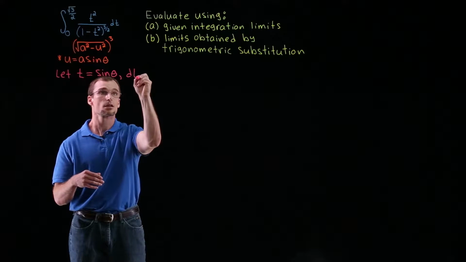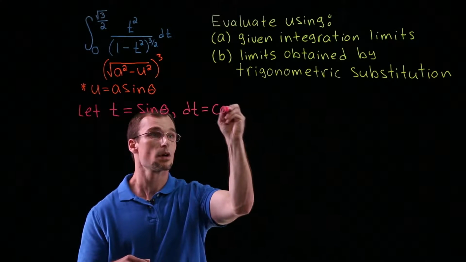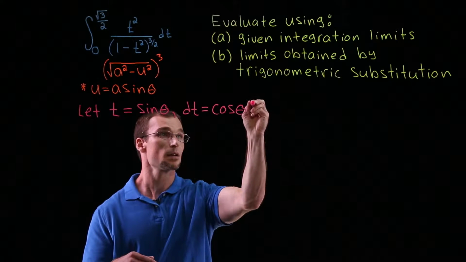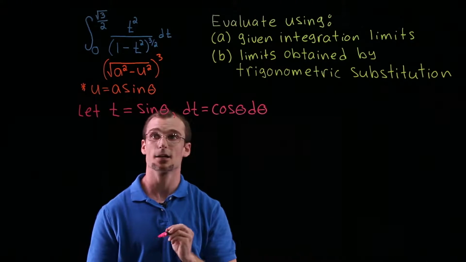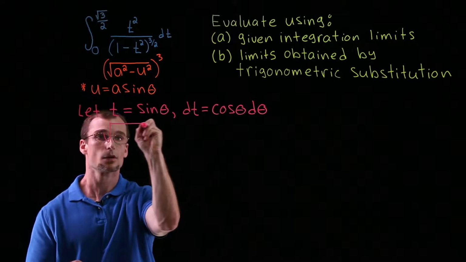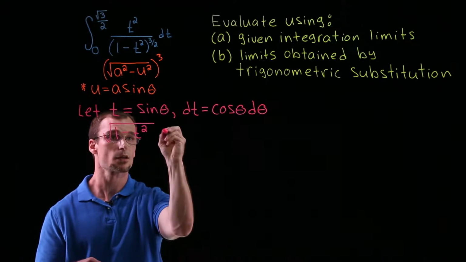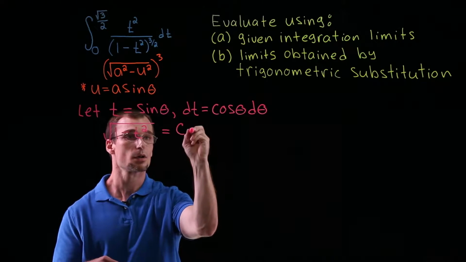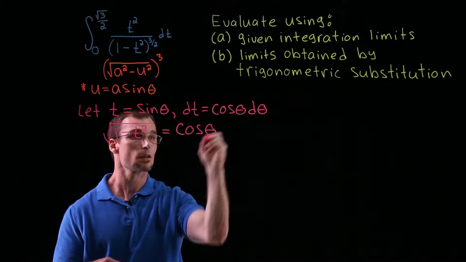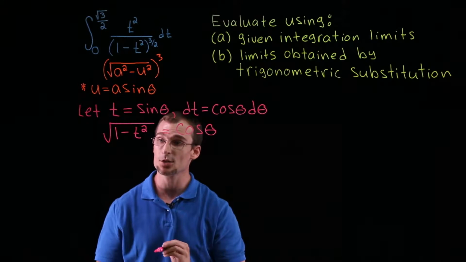Then dt, taking the derivative of both sides, is going to be equal to cosine of theta d theta. And lastly, our square root term, square root of 1 minus t squared, is equal to the cosine of theta.